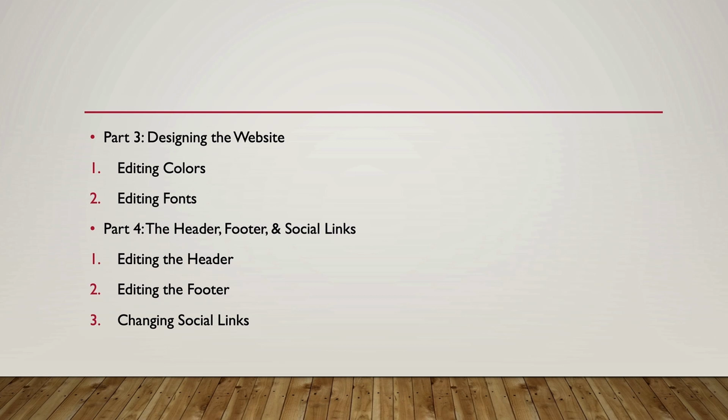Moving on, part 4 is the header, footer, and social links. In this part, you have to edit the header. The header is situated at the top of a website or document. Then you have to edit the footer. The footer is usually where the frequently asked questions link is.